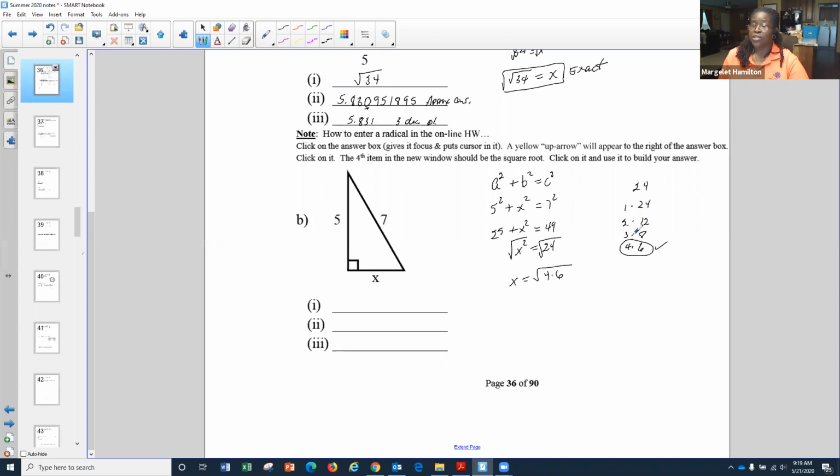I can't use these other factors because they don't have a perfect square root in it. Okay? All right, so now I'm going to simplify my radical. So we have x equals, the square root of 4 is 2. And then we're left with the square root of 6. So this is my exact answer. So 2 square roots of 6.